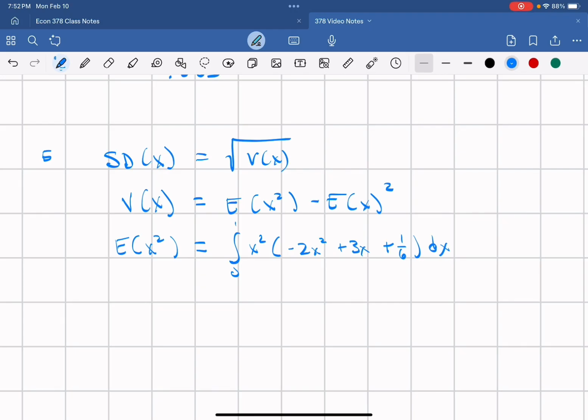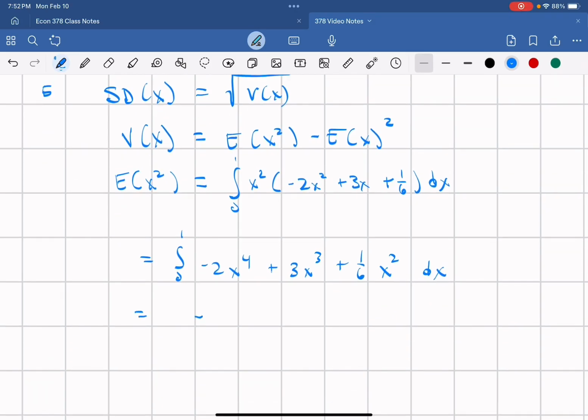And so now we're going to take that integral and we can go ahead and solve it out. So this integral is equal to the integral from 0 to 1 of negative 2x to the 4th plus 3x cubed plus 1/6 x squared dx.